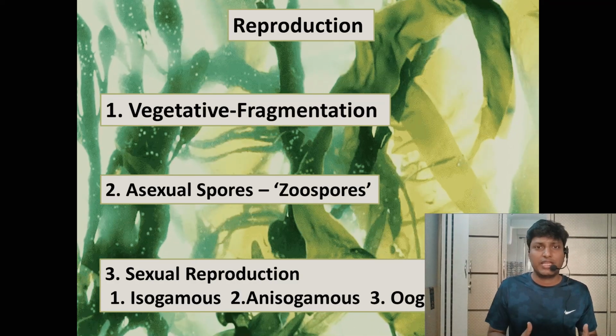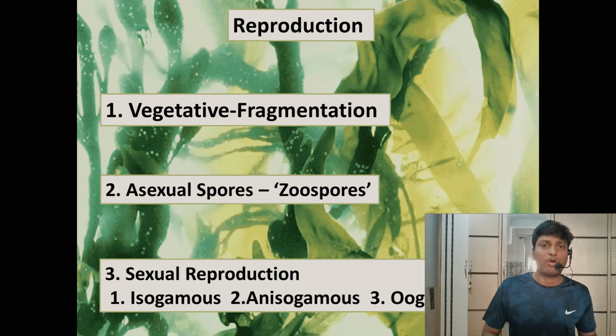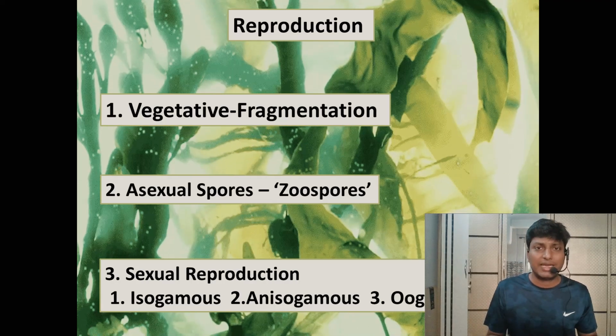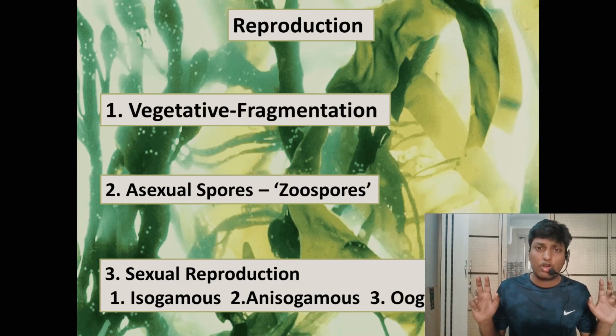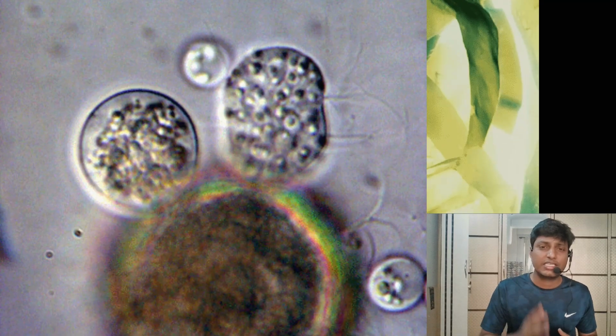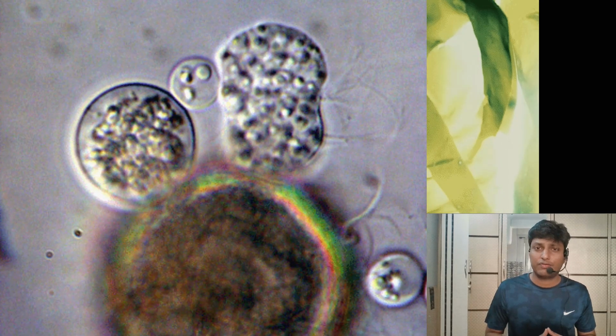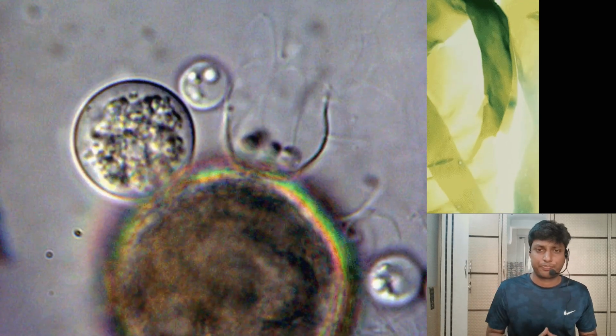So when these spores are formed inside the body of an algae, they get released, and from the spores the new algae can be formed. These spores are very commonly called zoospores. Let me repeat, dear students, these asexual spores which are formed in certain algae are also called zoospores.